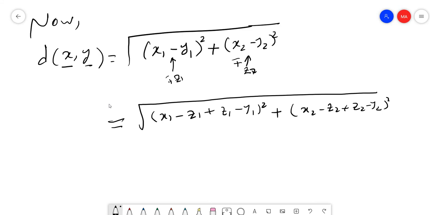Now, let us set x1 minus z1 as a1, and x2 minus z2 as a2, while z1 minus y1 is b1, and z2 minus y2 is b2.